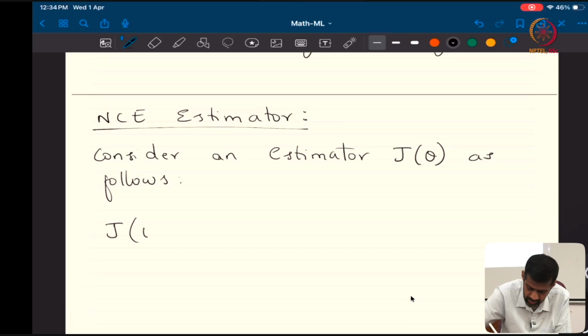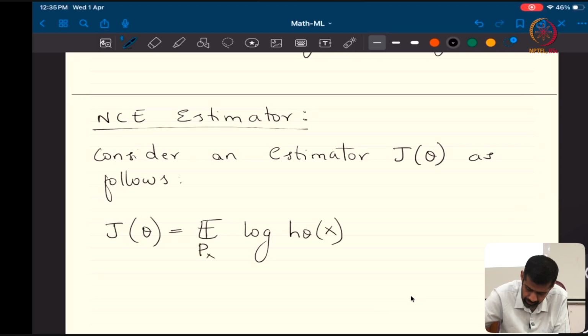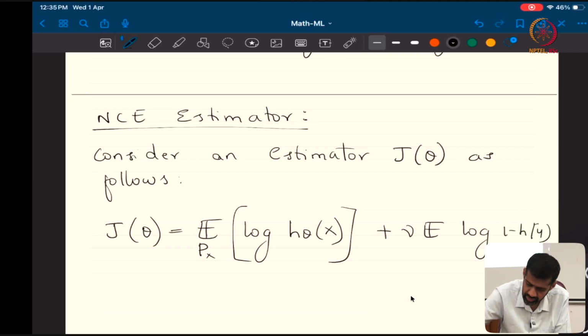J of theta is the expectation of log h theta of x, where this expectation is with respect to Px, plus nu times the expectation of log of 1 minus h of y. See, this y and x are dummy variables, right? As long as we are sampling from the right distribution, it is okay.